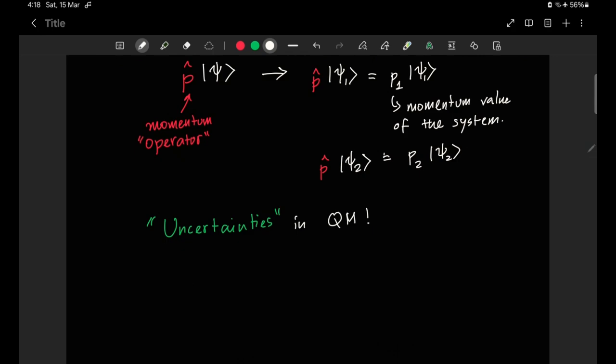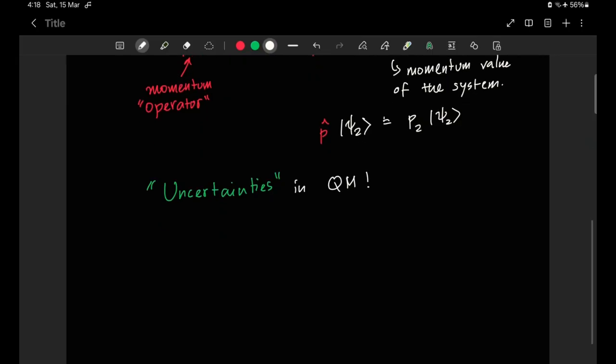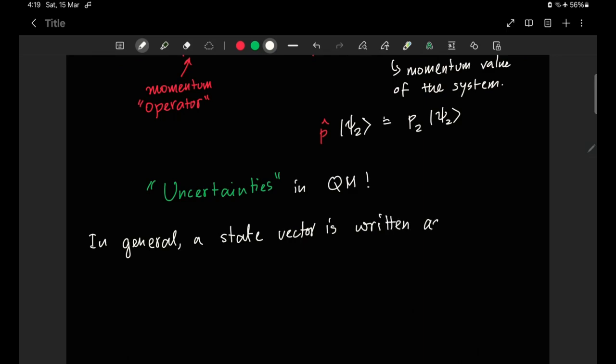So the measurements will not always yield values of P1 and P2 simply. Okay. And rather we'll find the state to be in kind of superposition of both of the states psi 1 and psi 2. So in general, a state vector is written as follows.